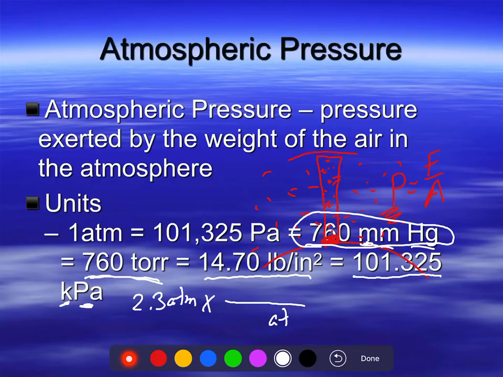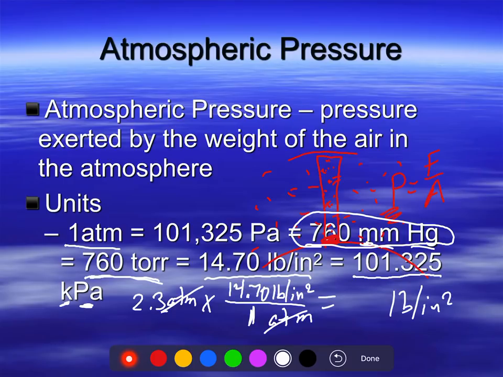I need ATMs to cancel, and I need to go to pounds per inch squared, so I would use this relationship of 1 ATM, right? 1 goes with ATM, and it equals 14.70 pounds per inch squared. So I would do 2.3 times 14.7, right? And my units of ATM would cancel, and I would get my value in pounds per inch squared.